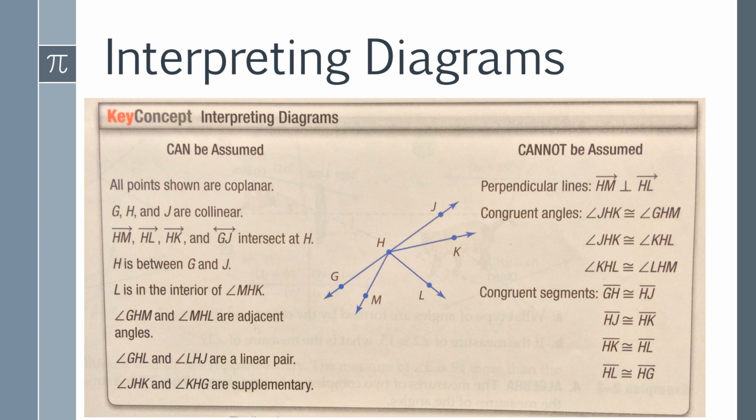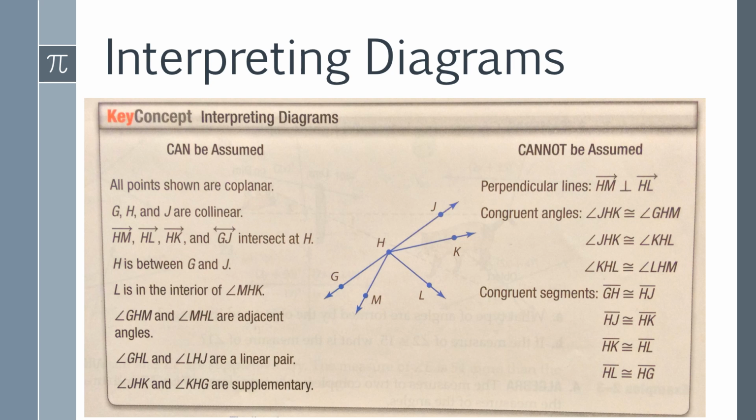We cannot assume congruence unless it's marked. So any of these angles here, angle JHK congruent to angle GHM, angle JHK congruent to angle KHL, angle KHL congruent to angle LHM, we cannot assume that unless it's marked. We can't say, well, it looks close.